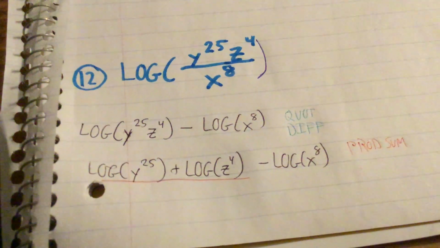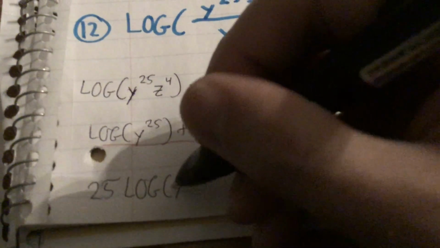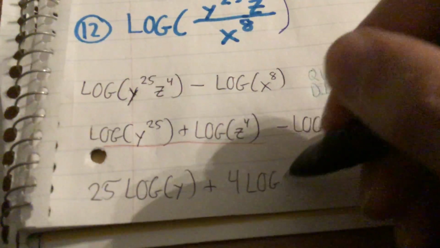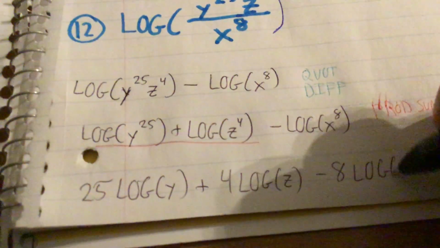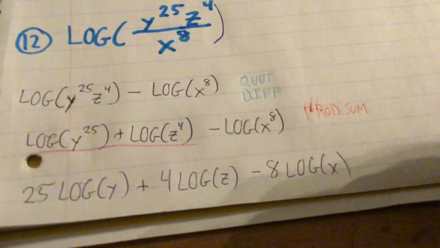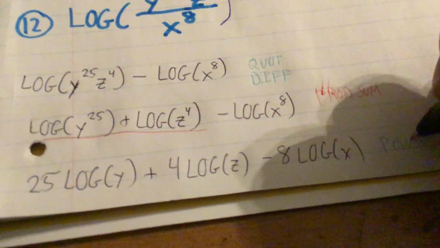But you know what? I can bring out the factors now. I've got 25 log of y plus 4 log of z minus 8 log of x by the power factor rule, and the ink just smeared on prod sum there. So that is power factor.